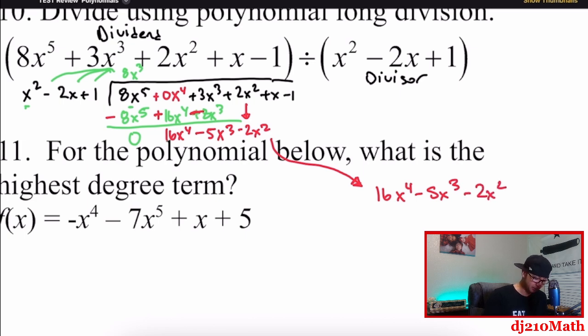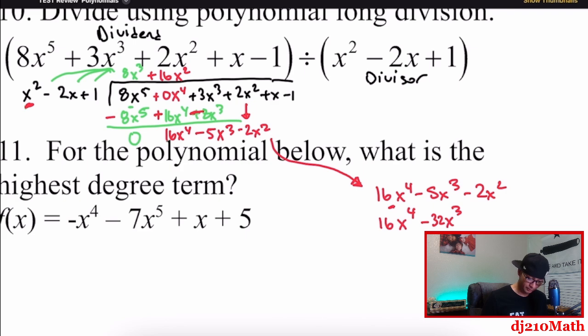Okay, what times x squared gives me 16x to the fourth? 16x squared. So plus 16x squared. Now, again, I have to distribute that 16x squared to each of the three divisor terms. So it's going to be 16x to the fourth, as expected. Then times negative 2x will be negative 32x cubed.